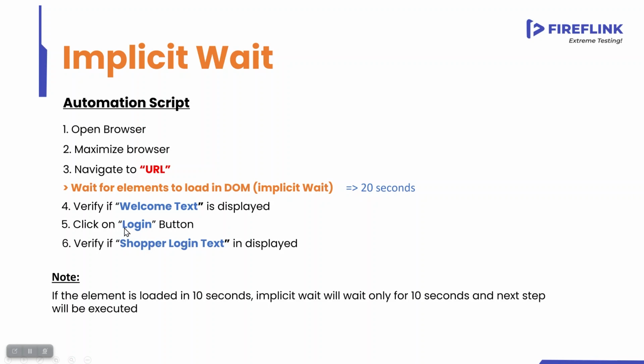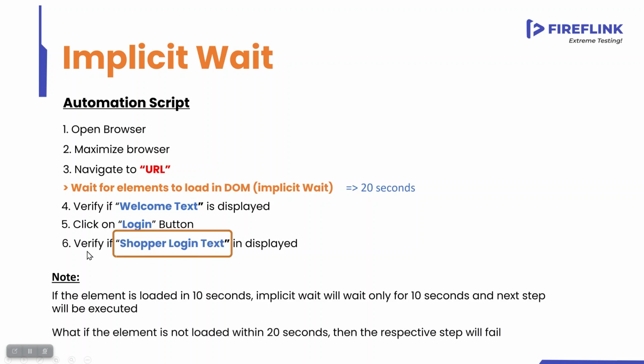In the same fashion, let us take the login button. My login button is taking 5 seconds to load. So it is going to wait only for 5 seconds and then perform the click action. For this element, it is taking like 20 seconds to load. Here I have mentioned 20 seconds. So it will wait for 20 seconds. Within 20 seconds, if it is not visible, then what is going to happen? It is going to fail this particular step.